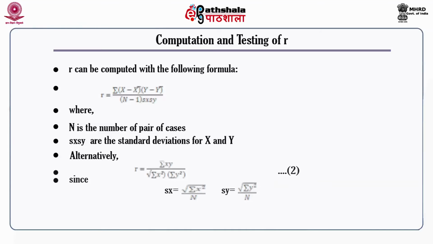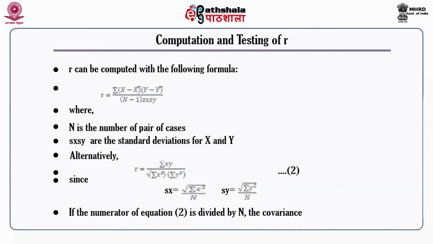Alternatively, r is equal to sigma xy upon under root sigma x square multiplied by sigma y square. Since Sx is equal to under root sigma x square upon n, so Sy is equal to under root sigma y square upon n. If the numerator of equation 2 is divided by n, the covariance is obtained.